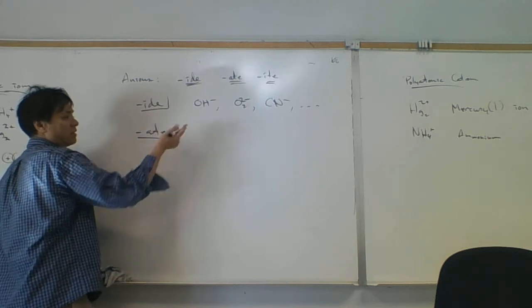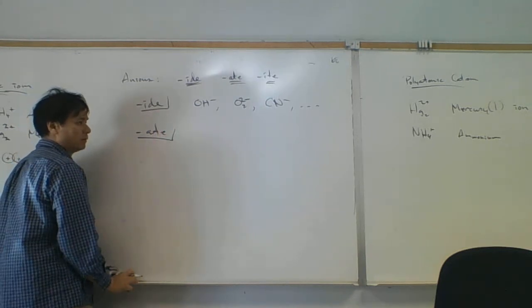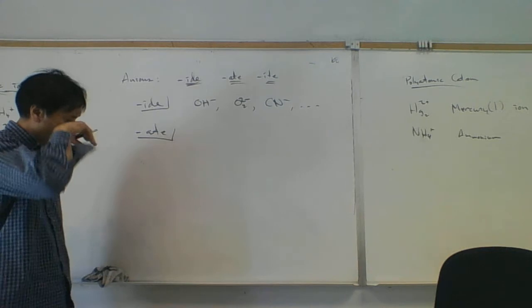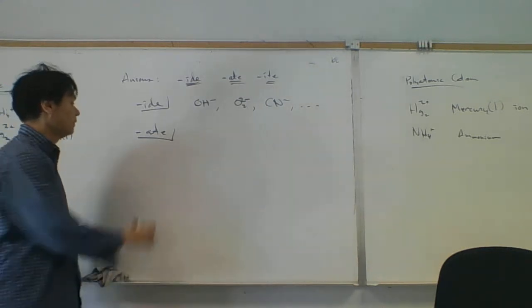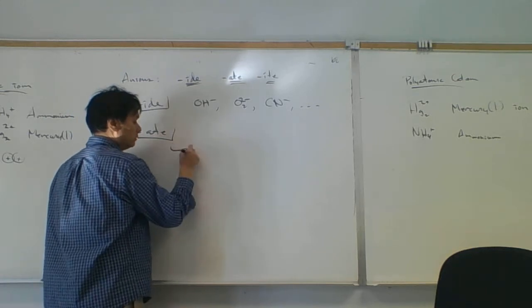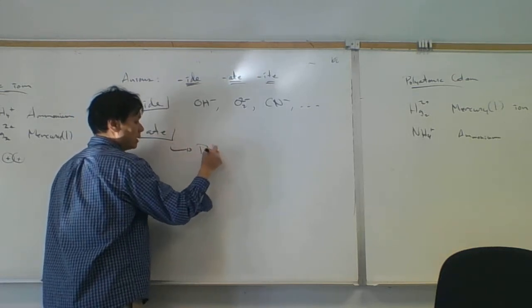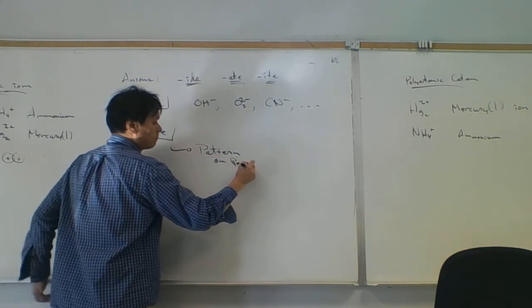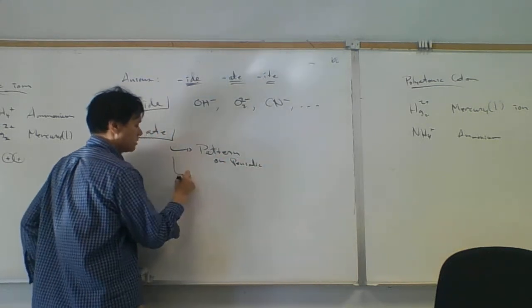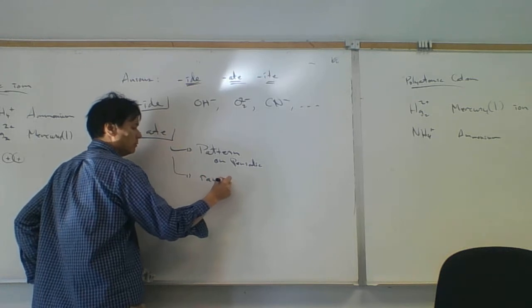The ides, you just have to memorize them. There's no other way around it, unless you come up with some kind of tricky mnemonic or pattern to help you memorize it. But ates, there are two. There's the ones we can get from a pattern on the periodic table, and there's others that we just have to use raw memorization.